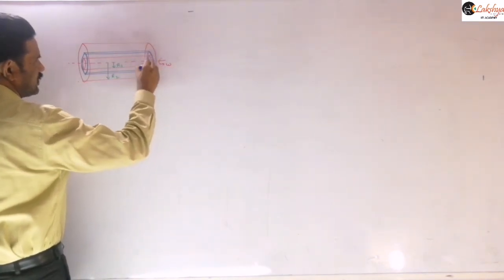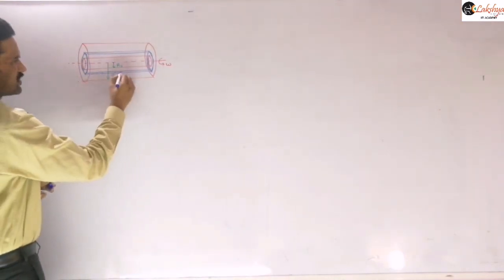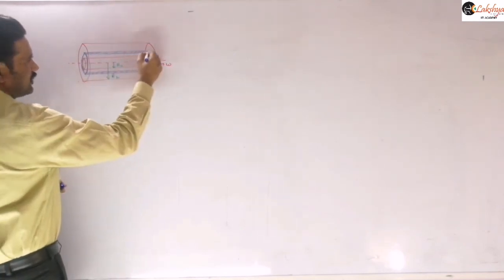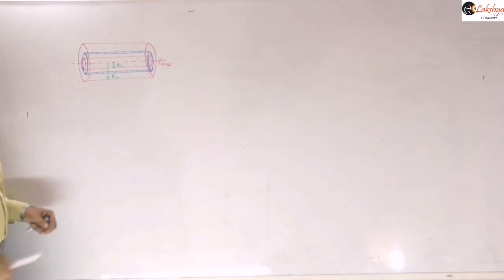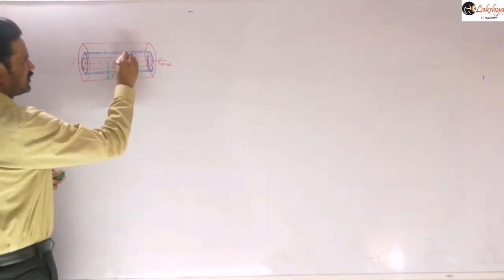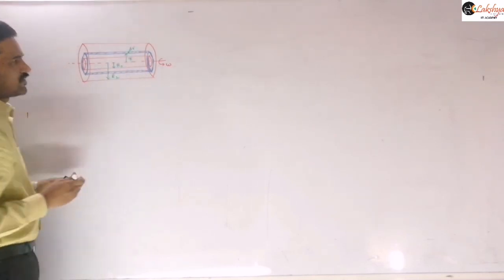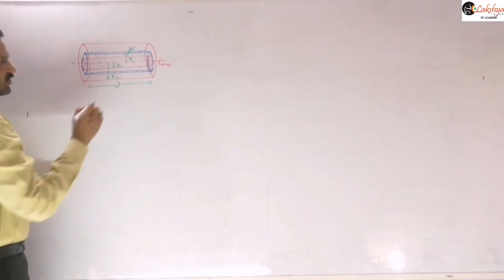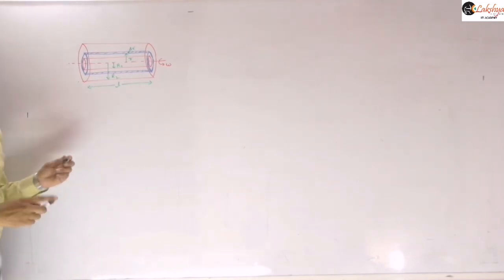We need to find how much charge is present in this element, and from that write the corresponding magnetic moment of that element. The radius is r and the width of that element is dr. You may consider the length of the cylinder as L.